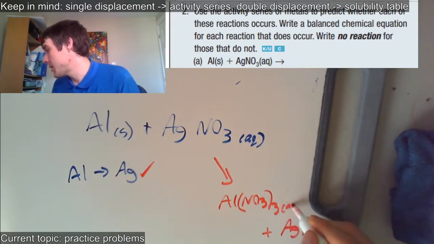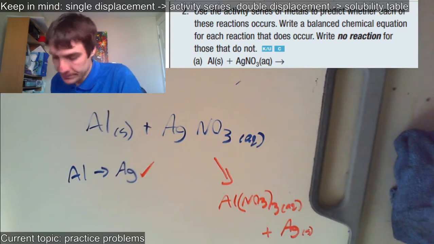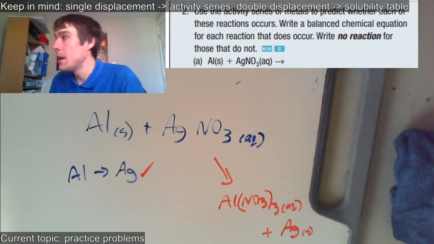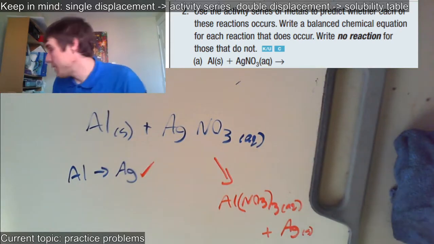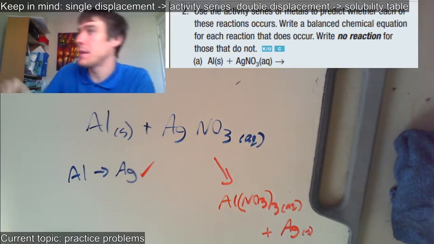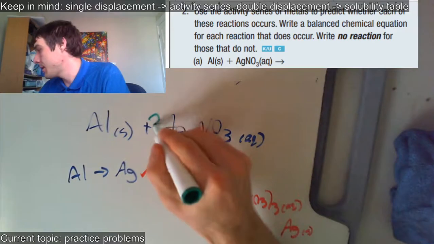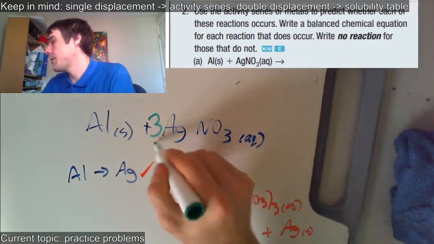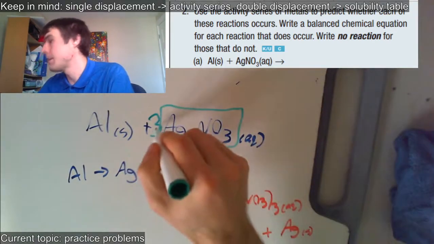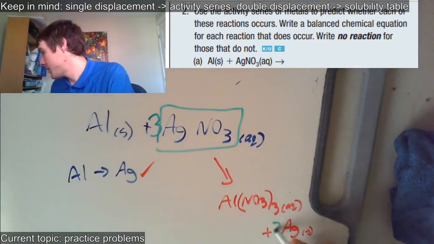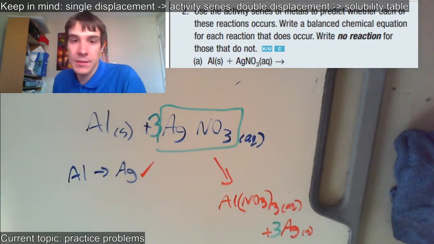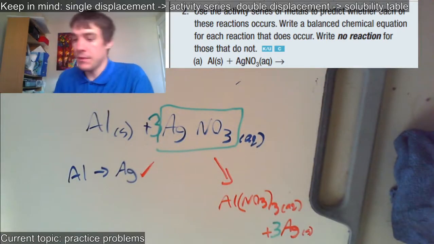The aluminum nitrate is aqueous, because all nitrates are soluble. And now we have to balance it. We have 3 NO3s, so we'll need 3 of these, and now we have 3 silvers because we multiplied everything by 3. Now it's balanced. So that's our first one.